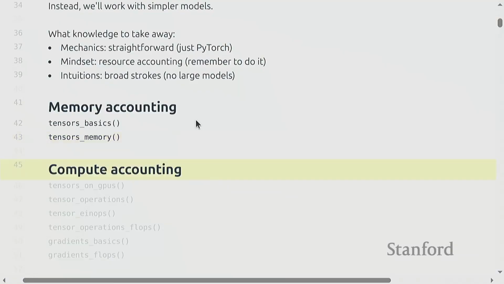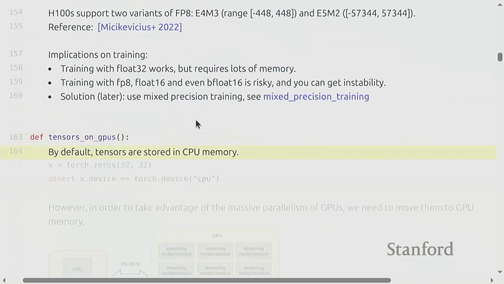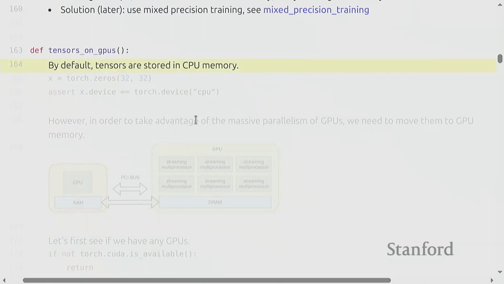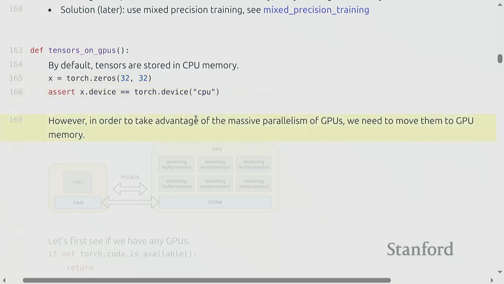Okay, so now let's talk about compute. Compute obviously depends on what the hardware is. By default, tensors are stored on the CPU. So for example, if you just say in PyTorch x = torch.zeros(32, 32), it'll put it on your CPU, in CPU memory. Of course, that's no good, because if you're not using your GPU, you're going to be orders of magnitude too slow.